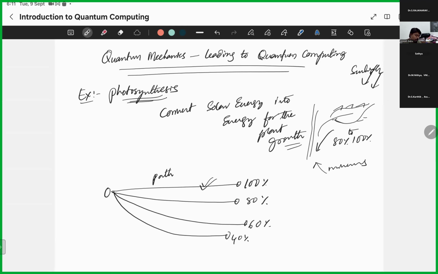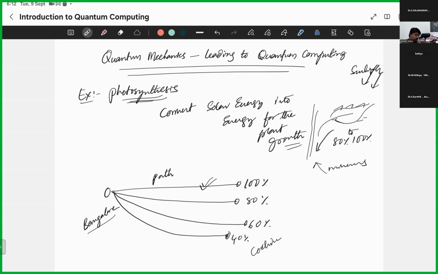But just like in a real-world scenario, if there are multiple paths and I have to go to a particular location, let's say from Bangalore to Cochin, there are multiple paths taking different time, different energy, and many factors.